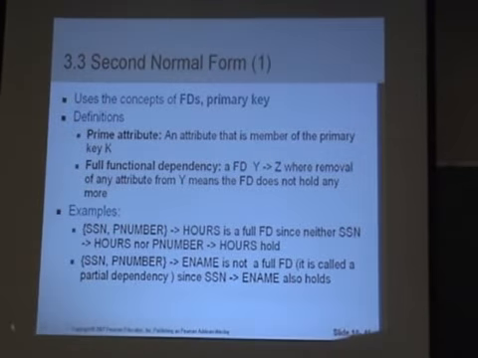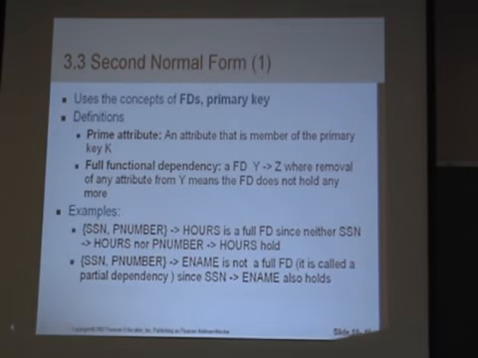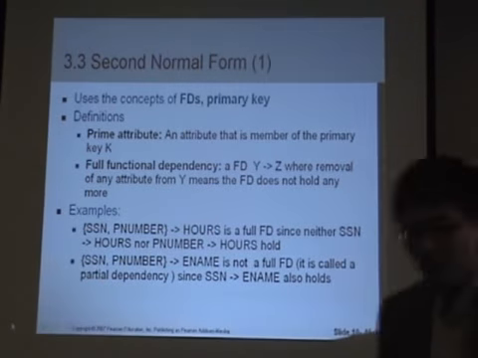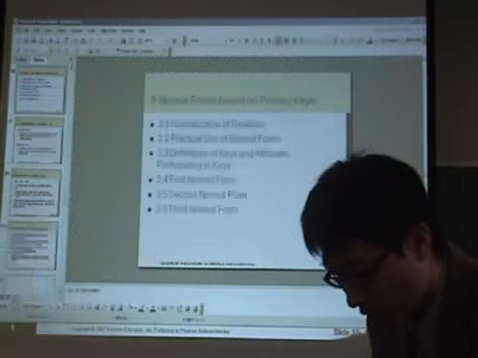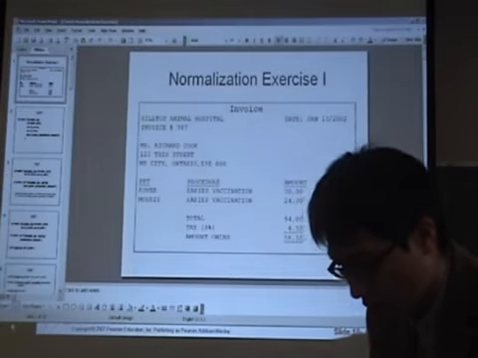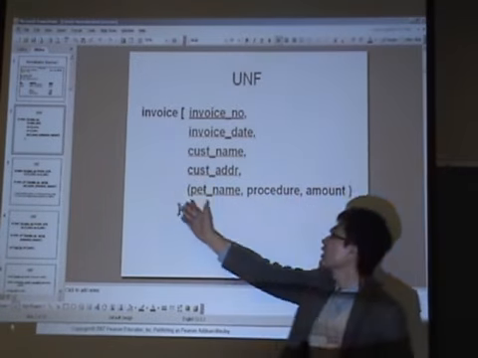What about this? Is it in the first normalization? No. Why? It has nested. So we need to take out pet information. That is the reason. Let's go back to this example. Yes. So this is the unnormalized form, but this is the nested.